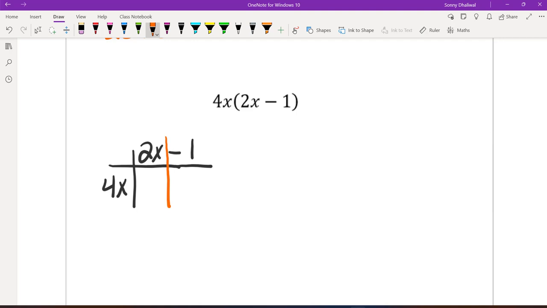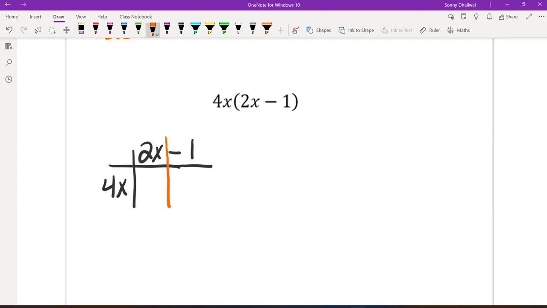What goes in that first box? You pick whatever method you want to do it. You don't have to do this method. So what goes here?